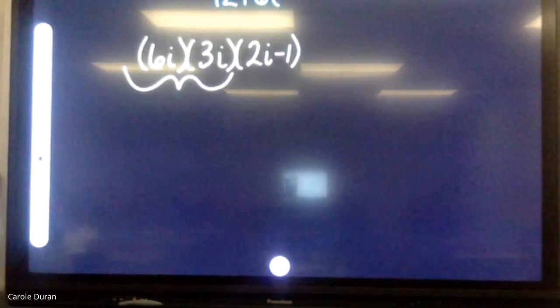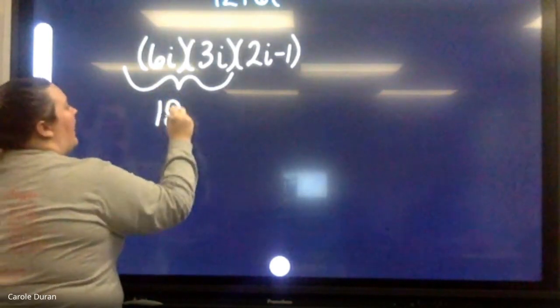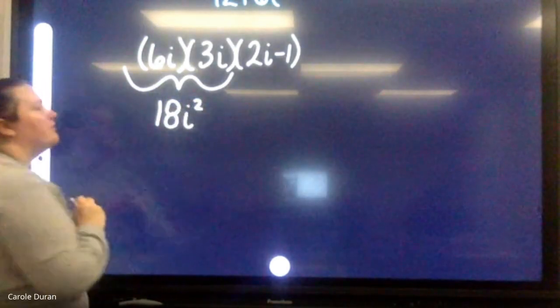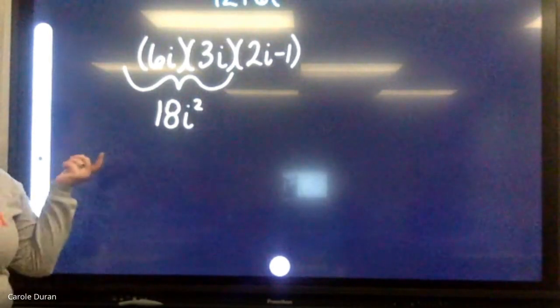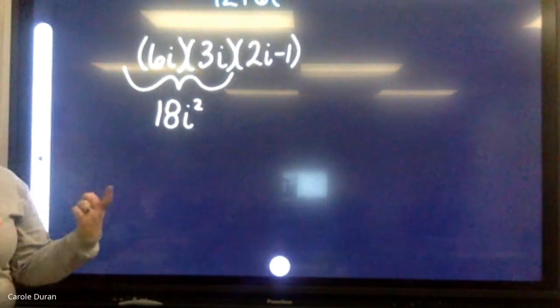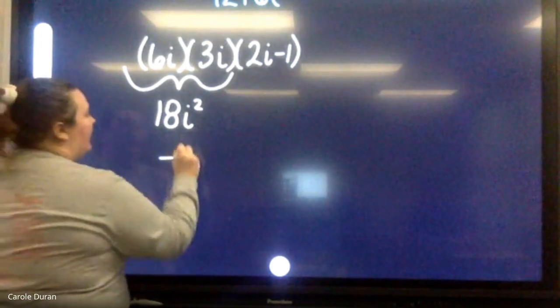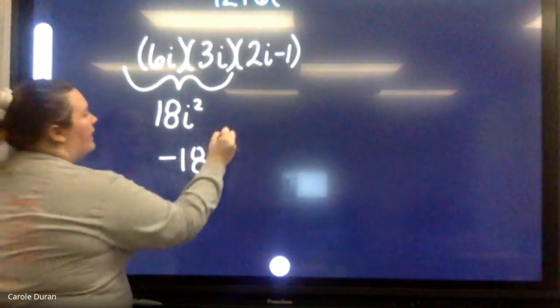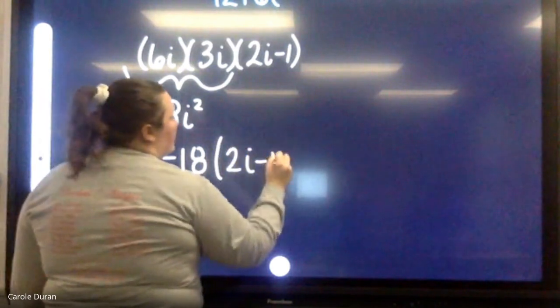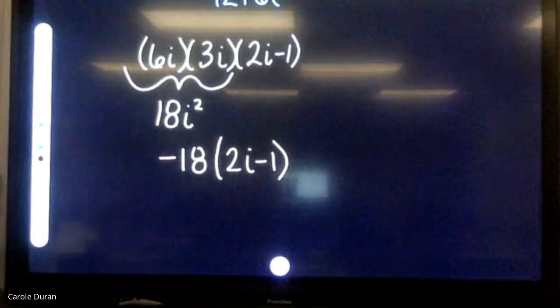So 6 times 3 is 18. i times i is i squared. I can simplify that, however, because i squared equals what? So then I take 18 times negative 1, and I get negative 18. And then I'm going to multiply that into my third parentheses.